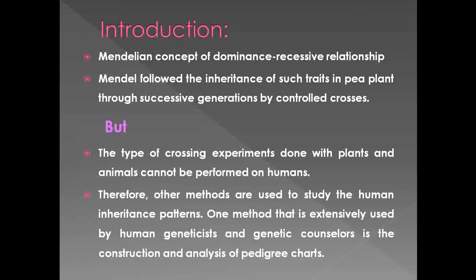By observing pedigree charts, they can indicate the pattern of inheritance and the patterns of phenotypic characters. They can express the generations. They can express the age. All those characters are included in the pedigree chart. That's why the study of the pedigree chart is very useful to observe the human inheritance pattern.